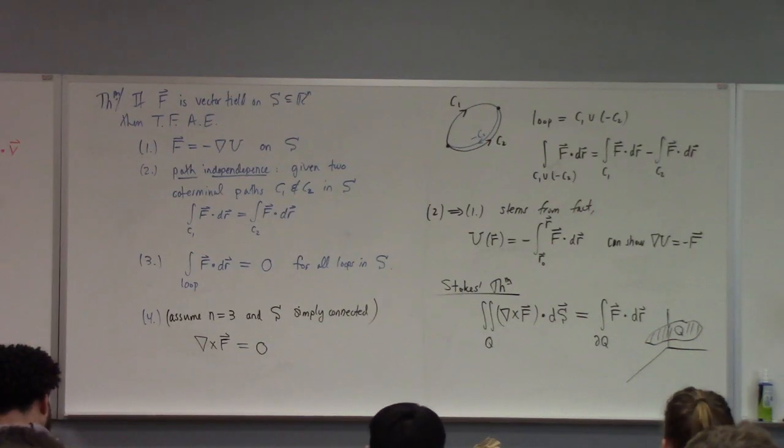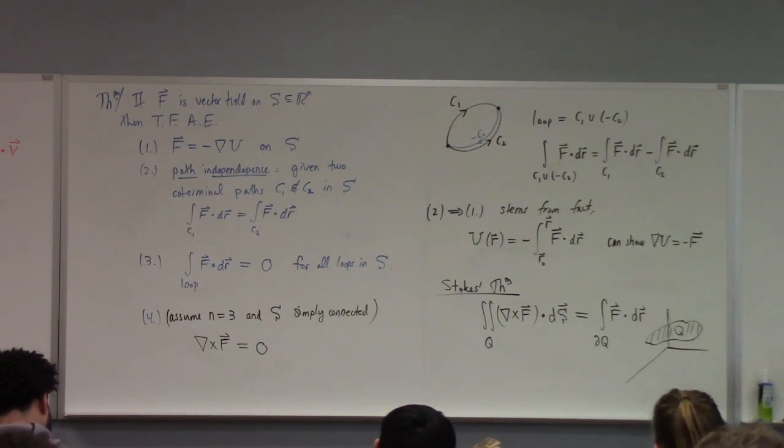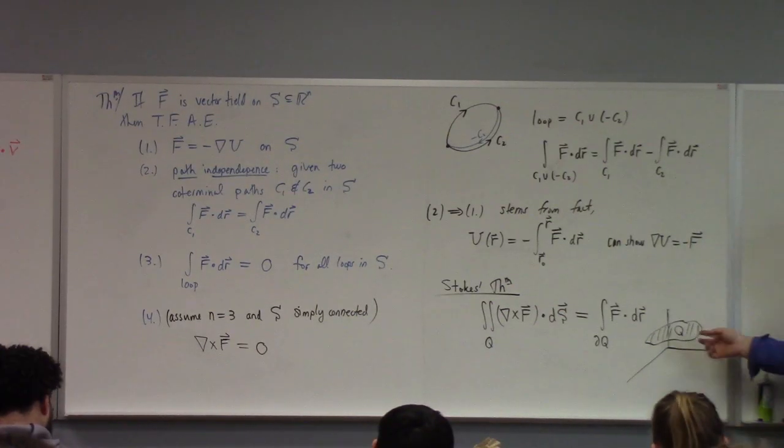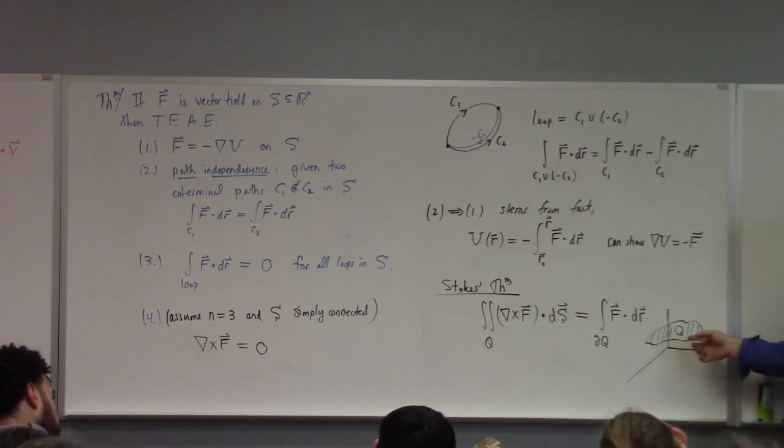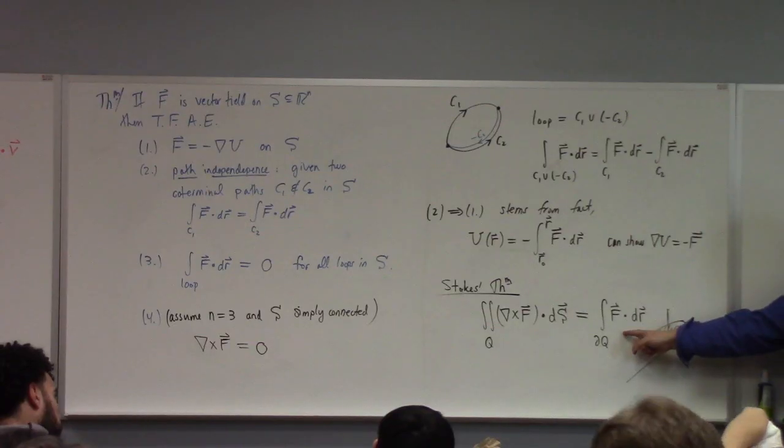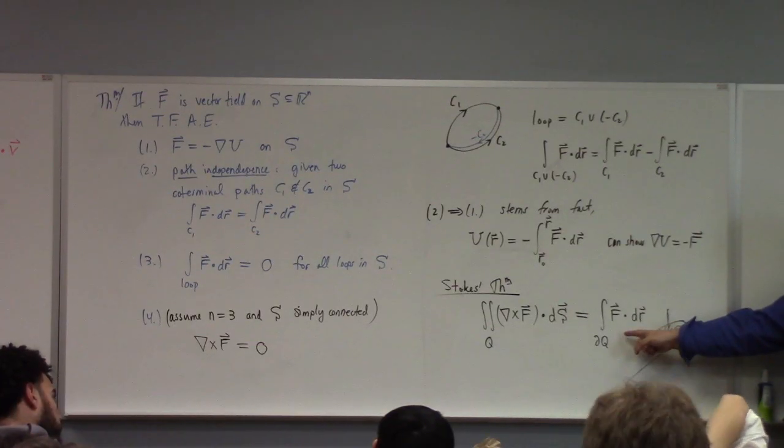S is some sort of blobbish region in R3, and Q is a membrane inside that region. The point is, the curl of F is 0 on Q, which means that the integral around the boundary of Q is 0.